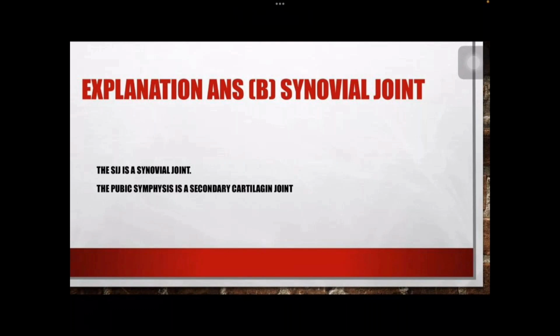The next question is: what is the anterior boundary of pelvic outlet? Wait for few minutes.